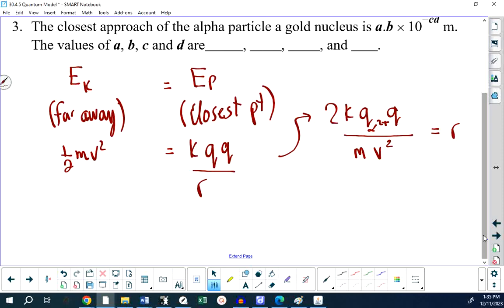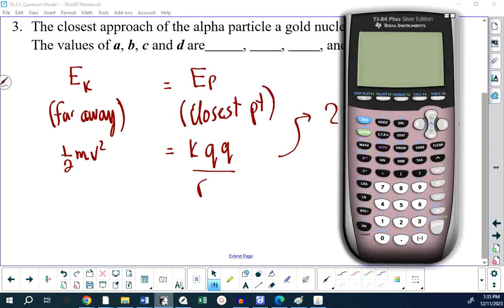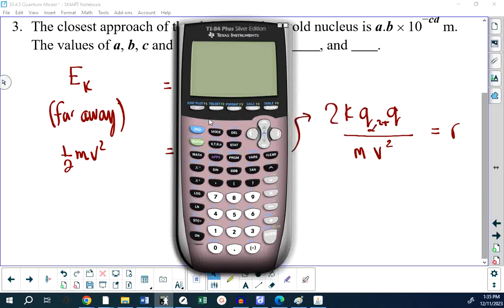Now, there is no need for me to calculate that. I don't need to take 79 times the elementary charge. Here's what I'm going to do. I'm going to take my calculator. I'm going to take 2 multiplied by Coulomb's constant, multiplied by the charge of an alpha particle, which I know is 3.2 times 10 to the negative 19, multiplied by the charge on a gold nucleus, which is 79 times the elementary charge.